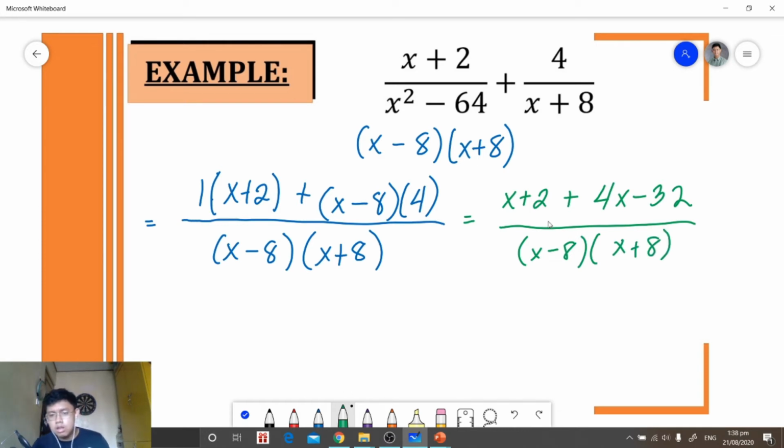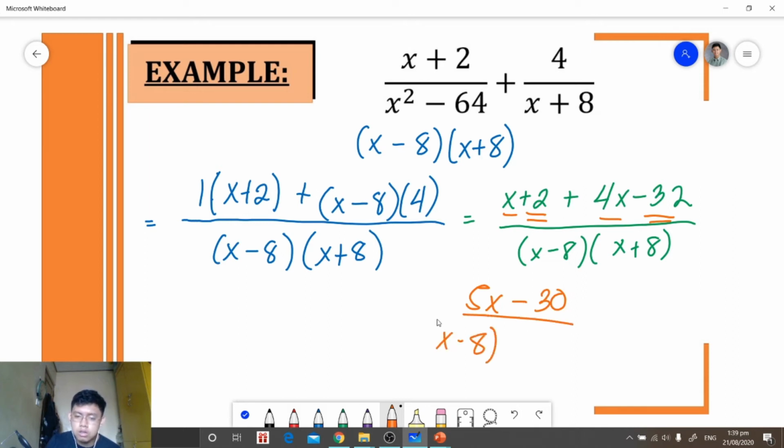Notice that I did not expand x minus 8 and x plus 8 because we might simplify that later. Now let's combine the like terms. We will have 5x, then negative 30 all over x minus 8 times x plus 8.